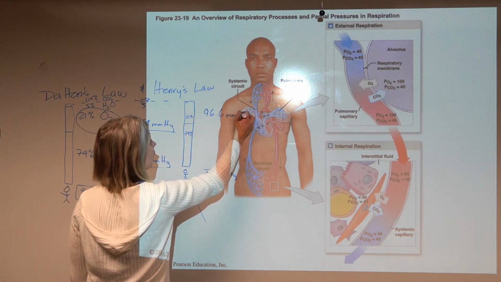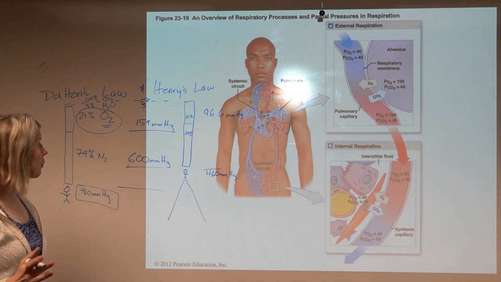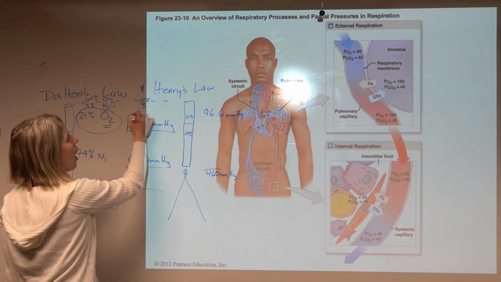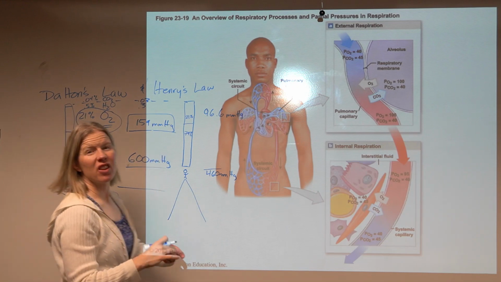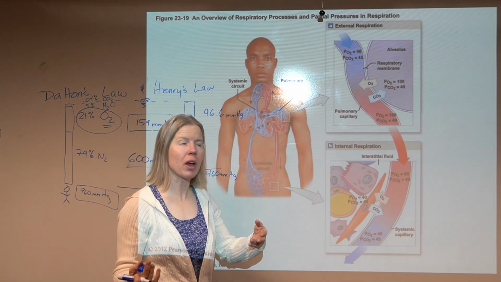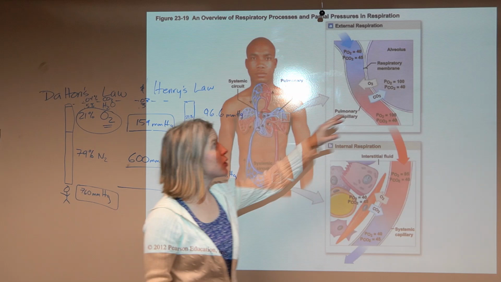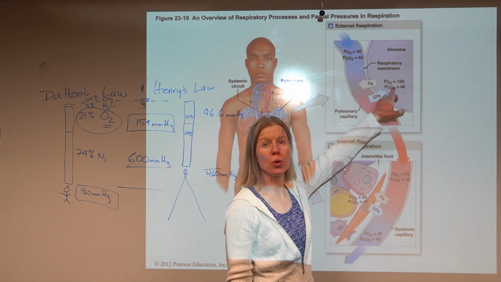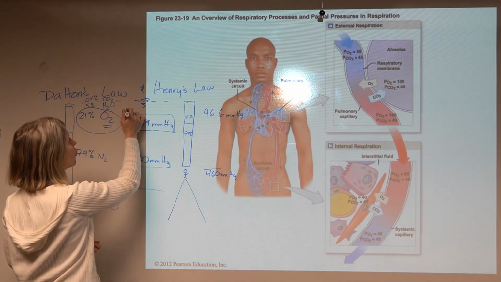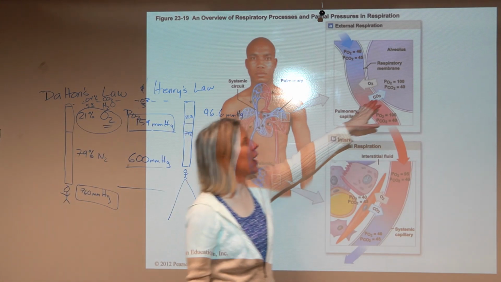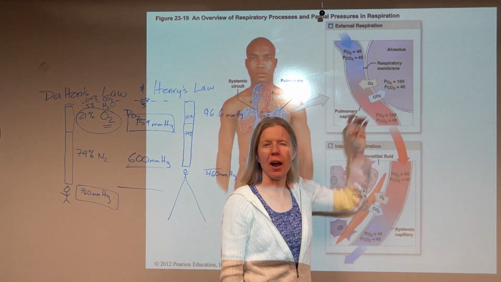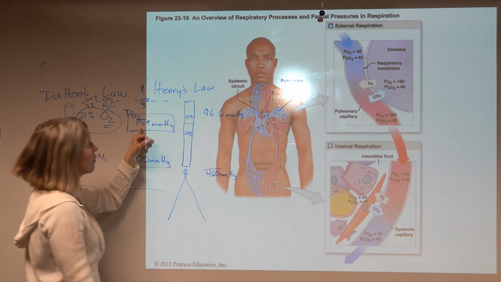Now, here's why this is important. 159 millimeters of mercury is the number that you'll see the book using. It's assuming everybody lives at sea level. And so notice when they show the PO2, the partial pressure of oxygen, they're showing it at around 100. Now, you're like, that's not 159.